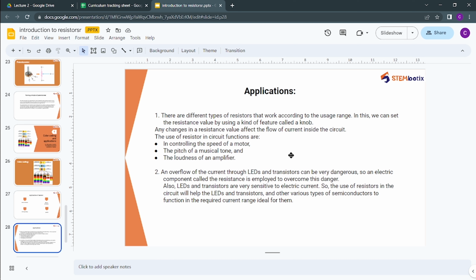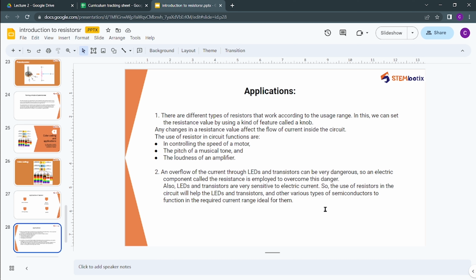Now the second one is to overcome the danger of equipment burning out. You can use a resistor. An overflow of current through LEDs and transistors can be very dangerous. So an electric component called a resistor is employed to overcome this danger. Also, LEDs and transistors are very sensitive to electric current.